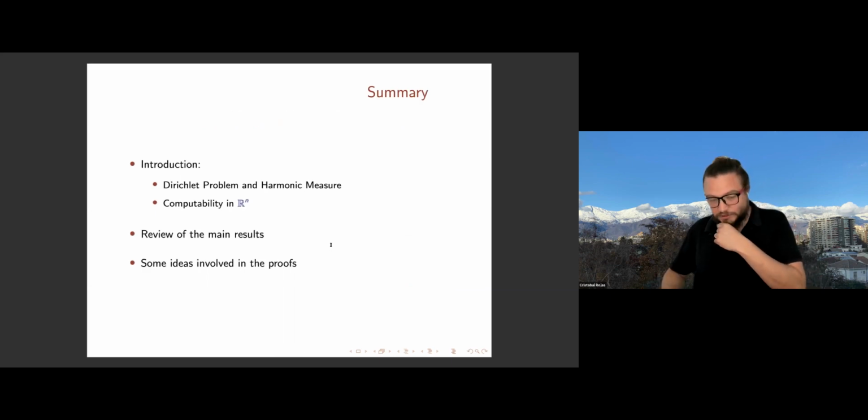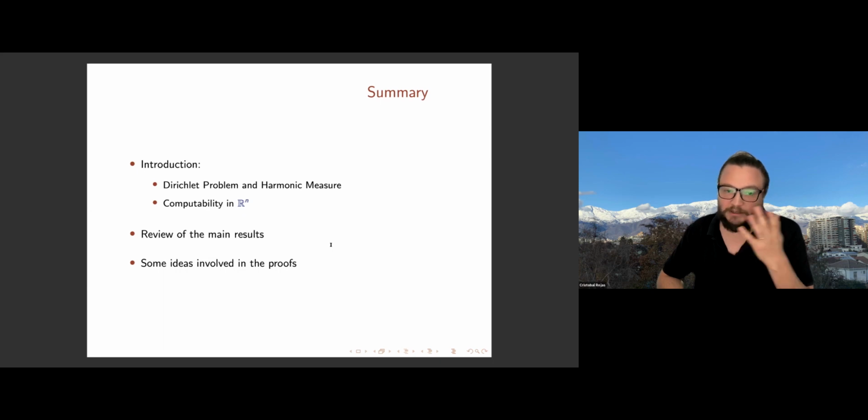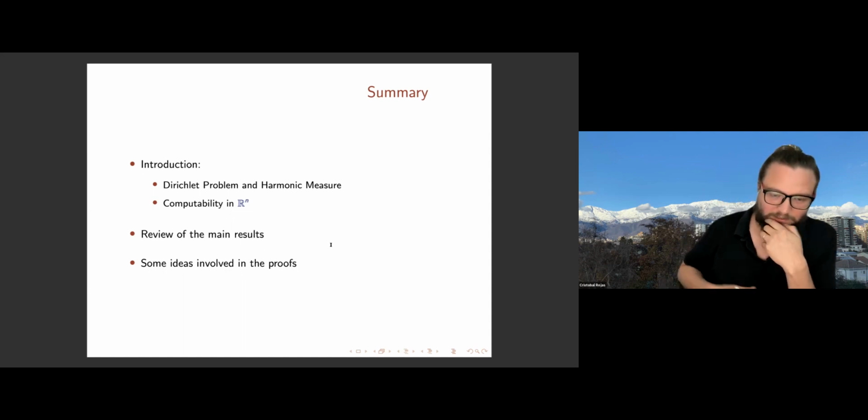I'll introduce the relevant objects I will be talking about, the Dirichlet problem and its connection to the harmonic measure. I'll recall the notions we'll need about computability of sets and functions. And I'll present the main results, and I'll try to give ideas of the proof at the end.